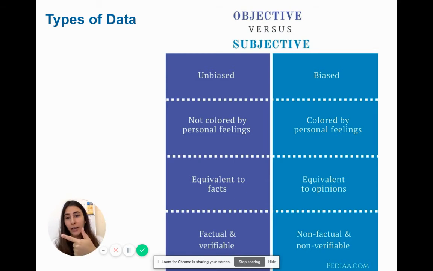It's been verified by scientific studies. Subjective data is data that is biased. It includes personal feelings and personal opinions, and it's not backed by hard science, meaning it's not backed by scientific studies. It's just based on someone's opinion, all right?